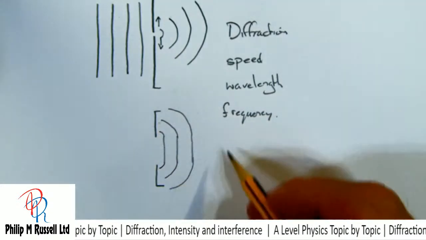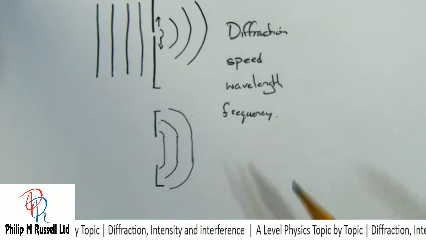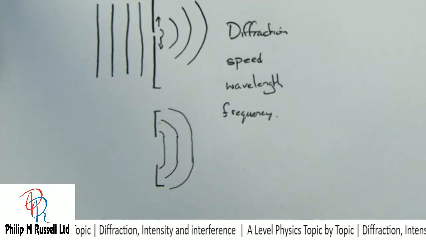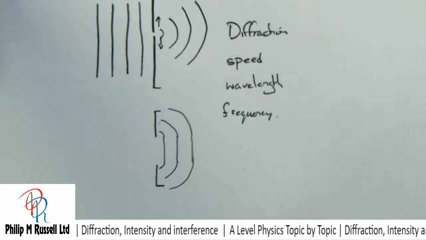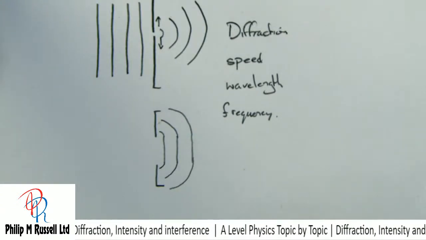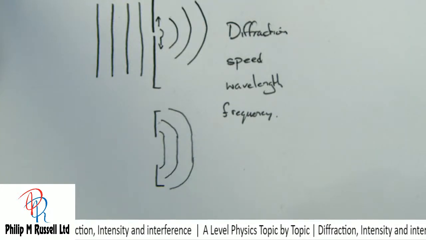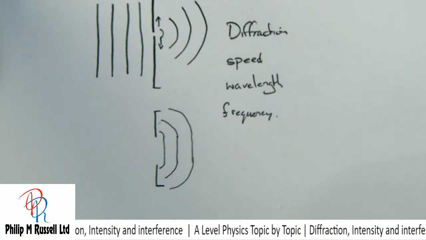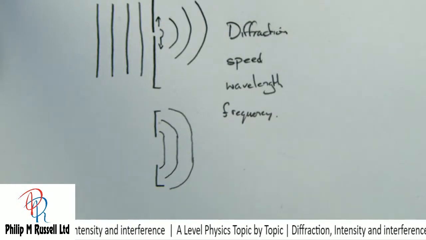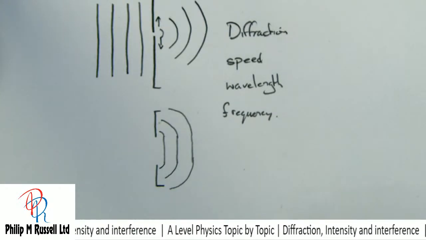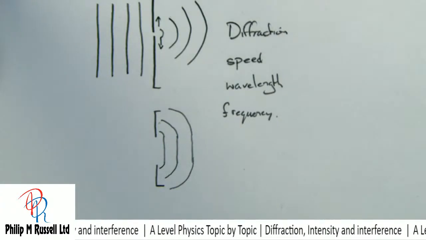It's just the shape of the wave, and this is the reason why sound diffracts when it passes through a doorway, allowing you to hear conversations round the corner. Light does the same, but because it's got a much smaller wavelength, it doesn't diffract through such a large gap, and that's why I had to make a pinprick in a piece of aluminium foil to get it to sort of spread out sufficiently.